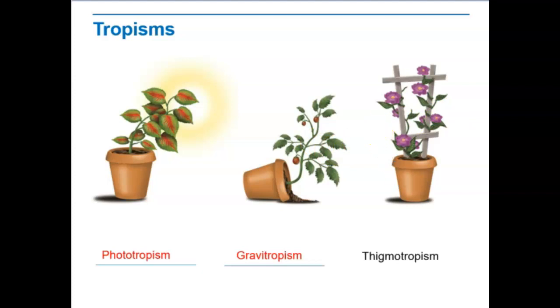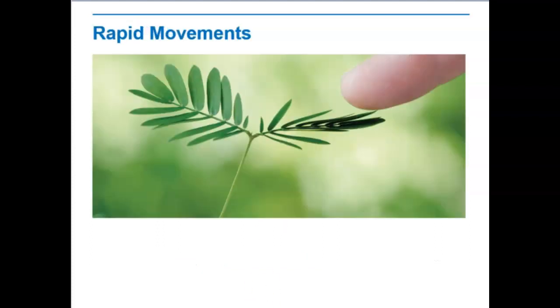Thigmotropism is really fascinating because this is a plant responding to touch. What this climbing vine is doing is essentially swinging around the tip of its stem until it touches something, and then it'll start to grow around it. There's a lot of plants that actually respond to touch. Here's another one on the next slide. If you've ever played with these, you touch them, they close. This is called a sensitive plant, or Mimosa pudica, I believe.